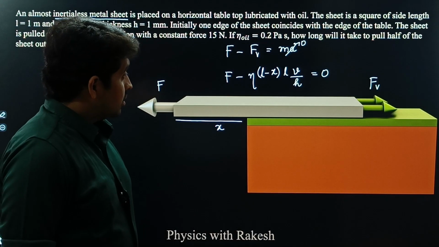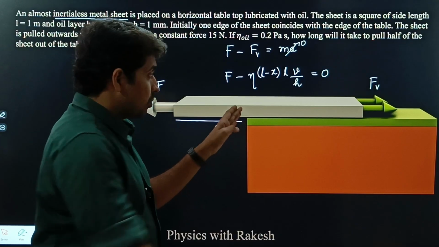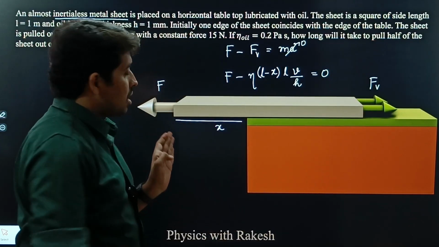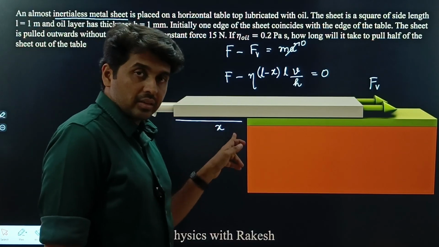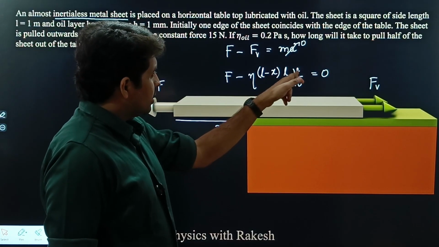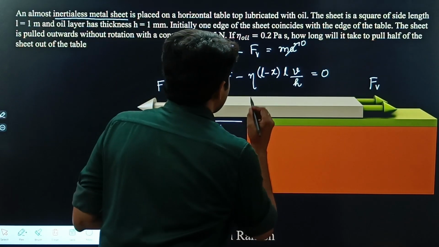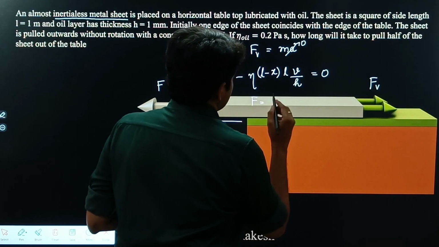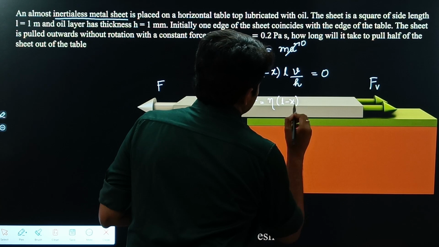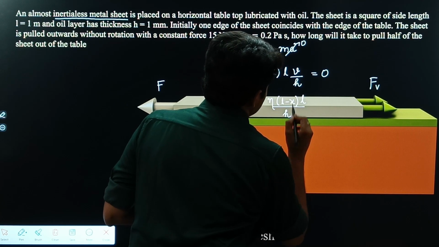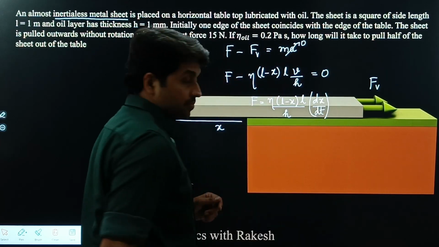The question he's asking is what is the time that it takes for the plate to come out of this table by half its length. That means he's asking the relation between time and x. Here we have x and v. We can write v equal to dx by dt, right? So I can write this as F equal to eta L minus x into L by h, and v I can write as dx by dt.